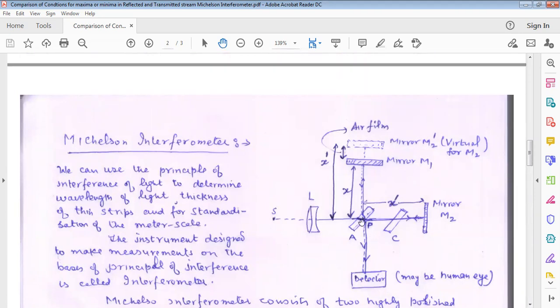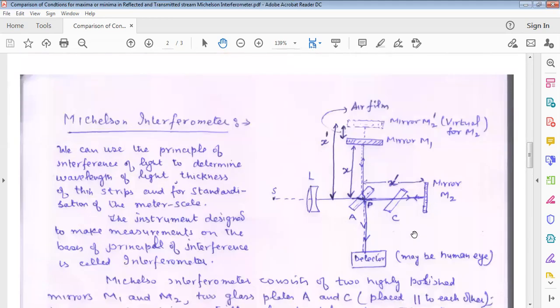It should be x dash minus x. Why is it 2? Since the path difference depends upon the change in position of the mirror M1. At one instant, the distance between the two mirrors is x dash minus x.